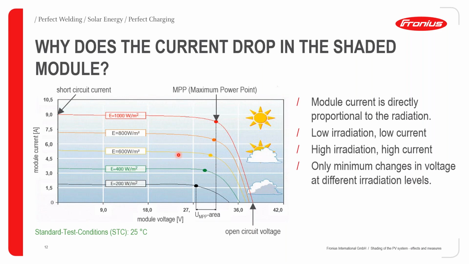So we have a region with high irradiation, in this case 1000 watts per meter squared. In this case we have a current level of up to 9 amps. And then the maximum power point for this particular curve is about, let's say, 32 volts.